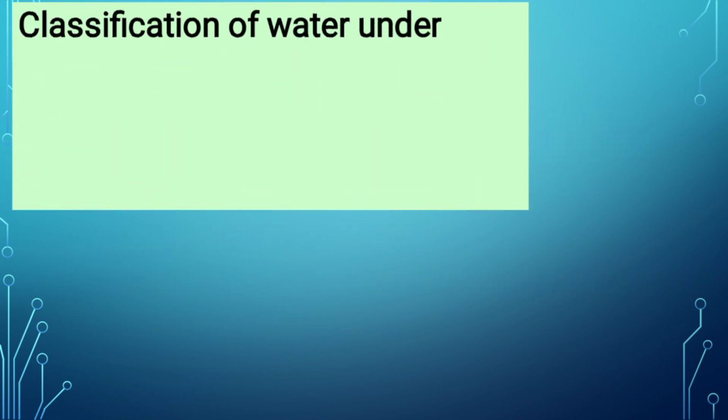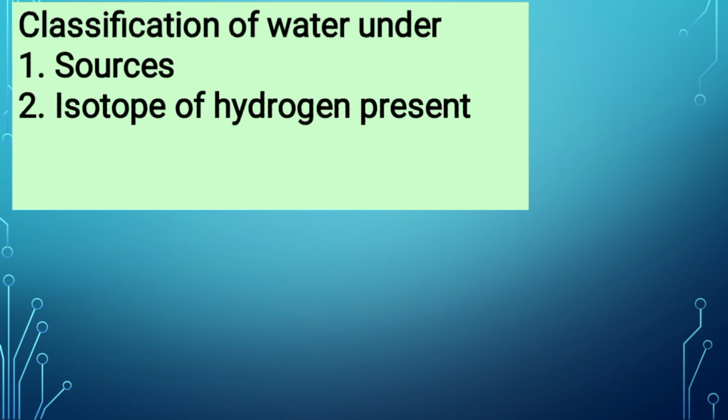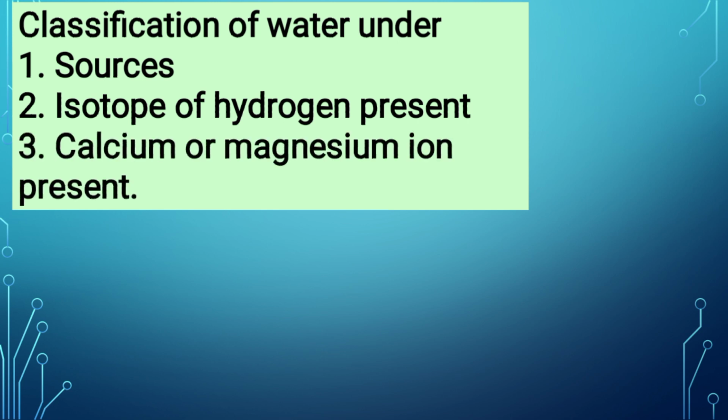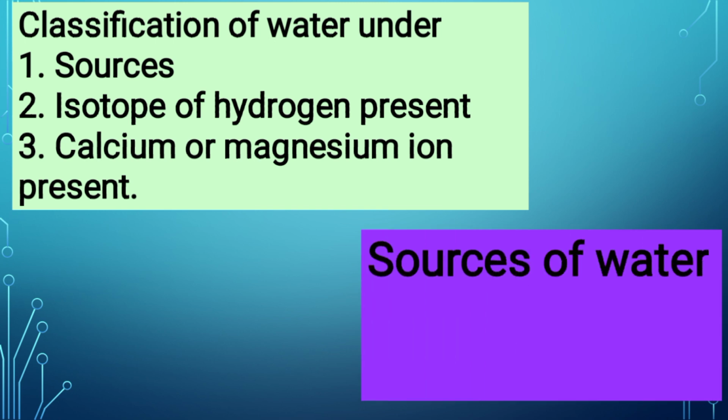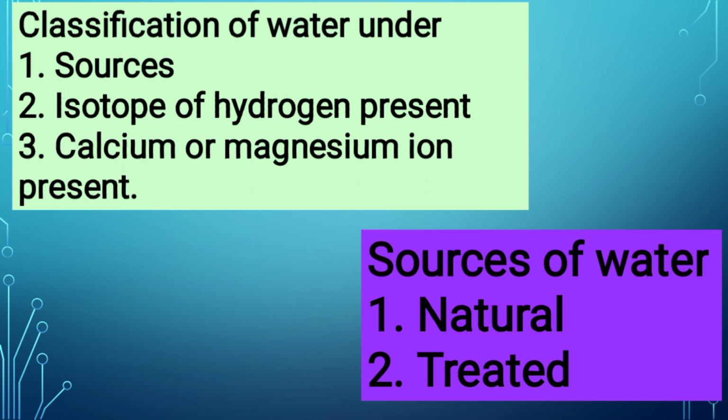So classification of water under sources, we have isotope of hydrogen present, and we have calcium or magnesium ion present. And for sources of water, one of them is natural sources of water, and we have another one, treated water.